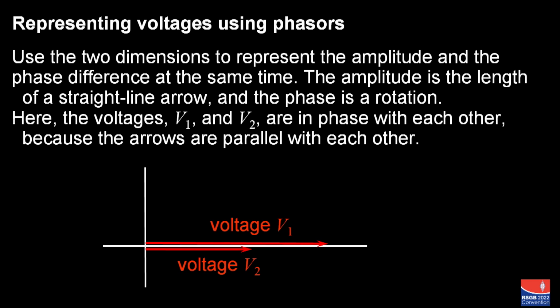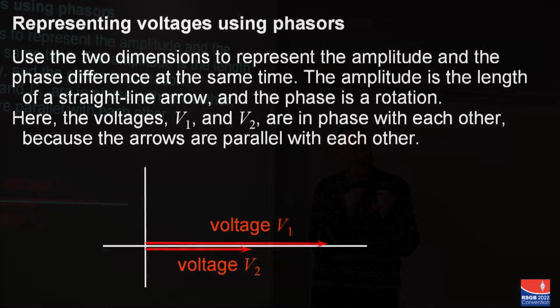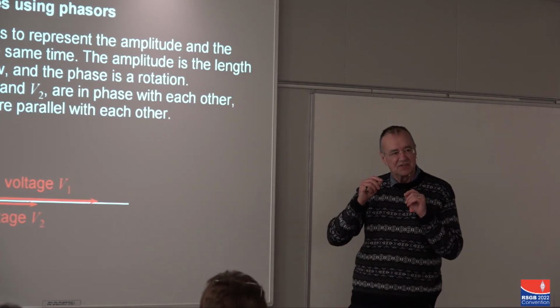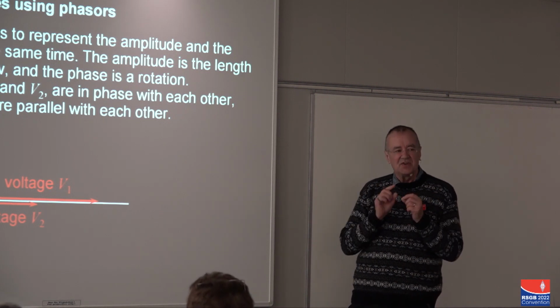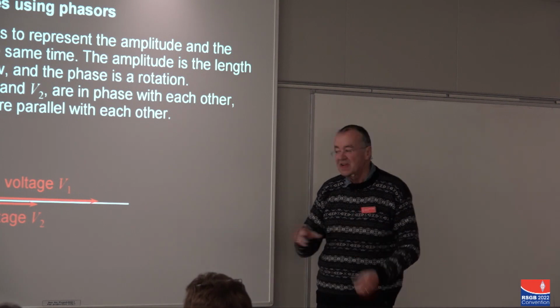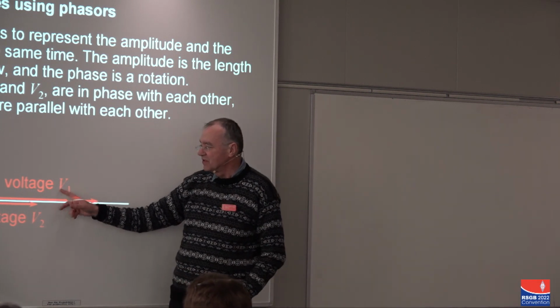And we can do this because different parts of the system are all rotating at the same rate, 10 million times a second, or 14 million times a second, or whatever it is. Only the difference in the phase between one voltage and another is important. And here are 2 voltages, this voltage V1.